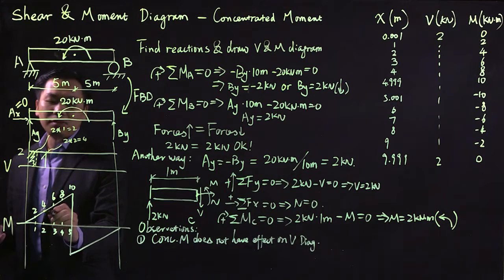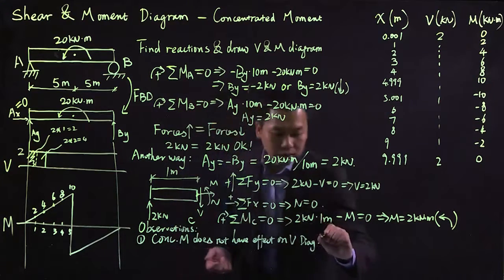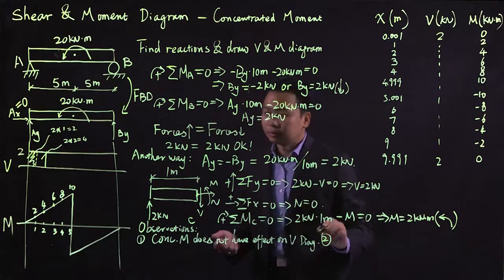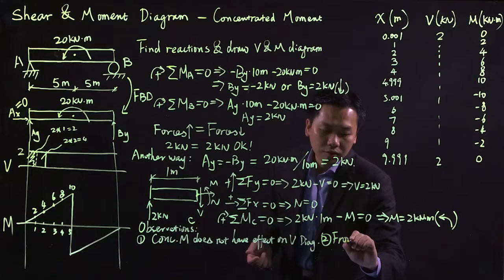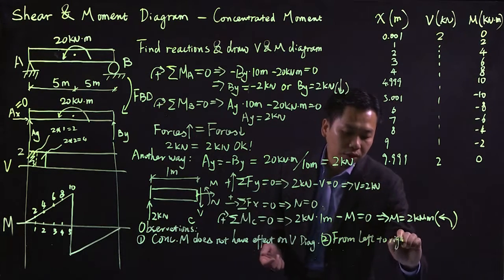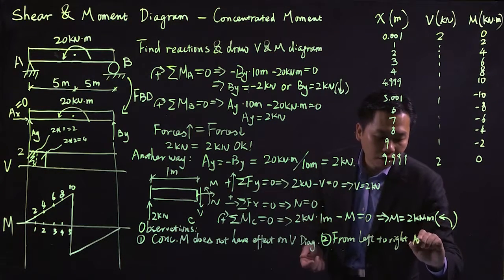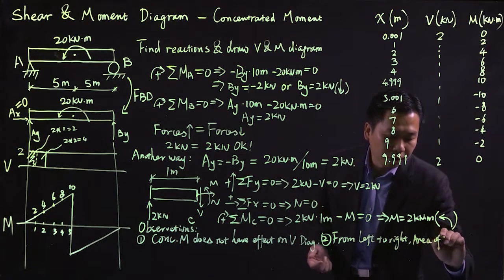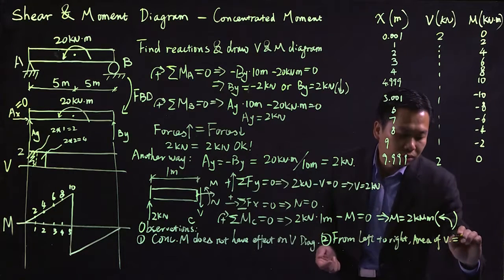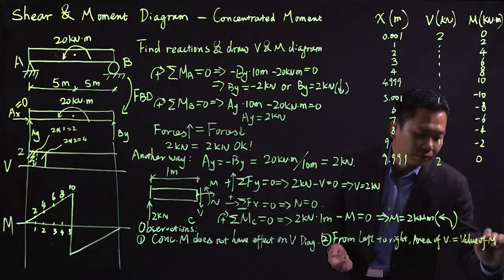That happens to be equal to the value of your moment diagram. Therefore, the second point: from left to right, the area of your shear diagram is equal to the value of your moment diagram.